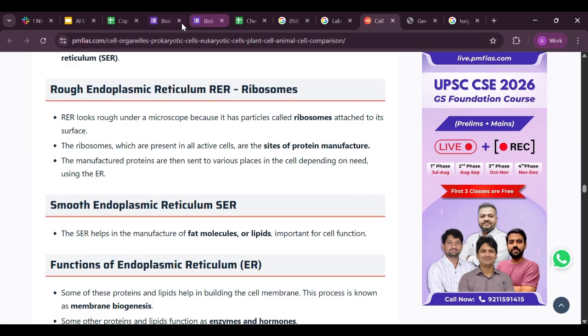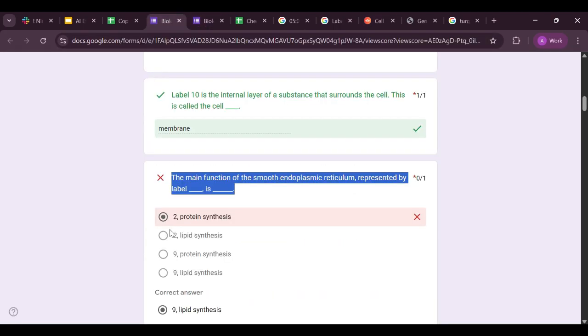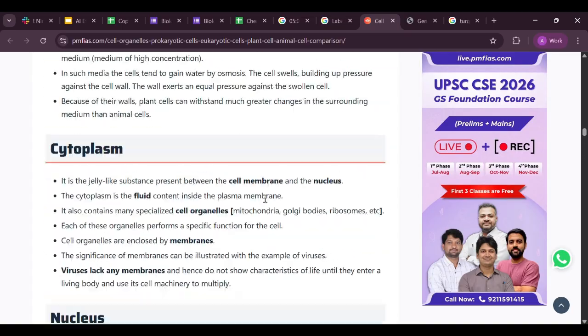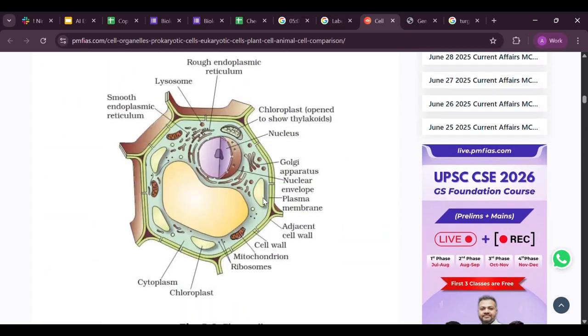So here we can see, okay, lipid synthesis, not protein synthesis, it is lipid synthesis. But what will be the labeling, 2 or 9? We will get to know it from the image, which is here. Okay, smooth endoplasmic reticulum is over here, and it is represented as a small bean-like structure.